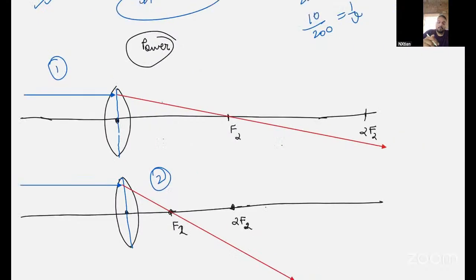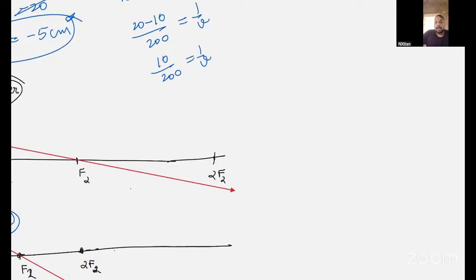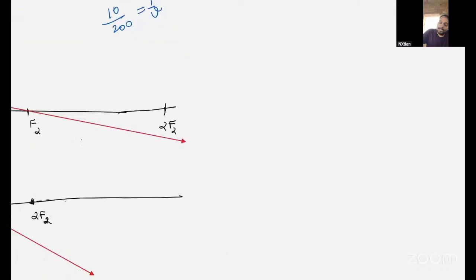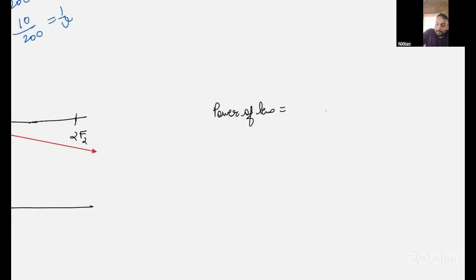Yes. So we get one piece of information: the power of a lens is equal to 1 upon focal length. Instead of that I will write that power is inversely proportional to the focal length. Now what does this mean?